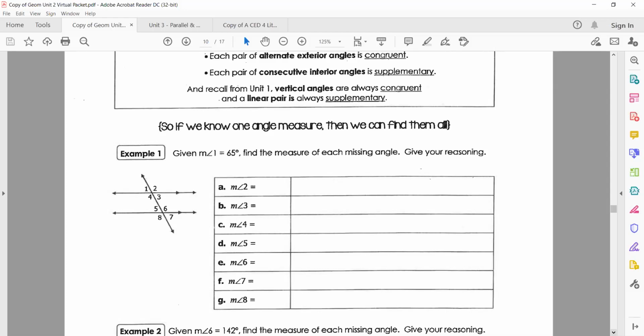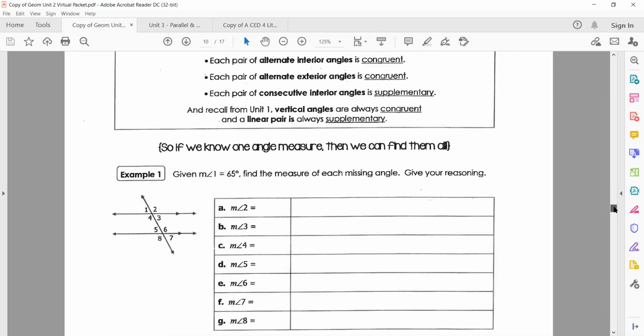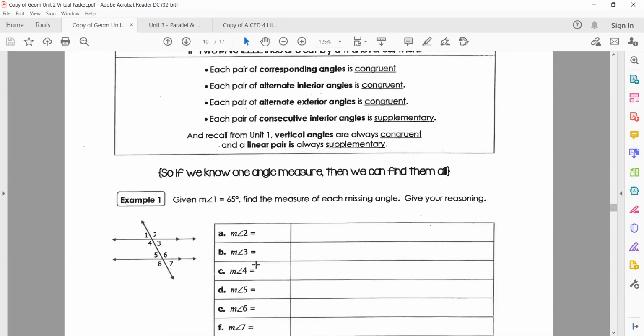So if angle 1 is 65 degrees, how much is angle 3? 65. How much is angle 5? 65. How much is angle 7?